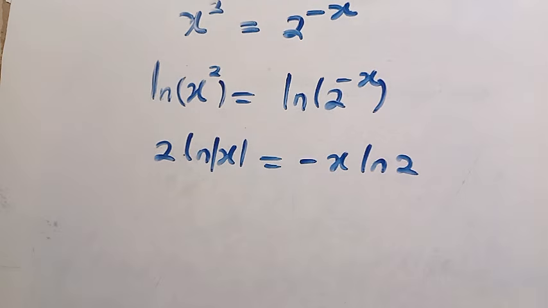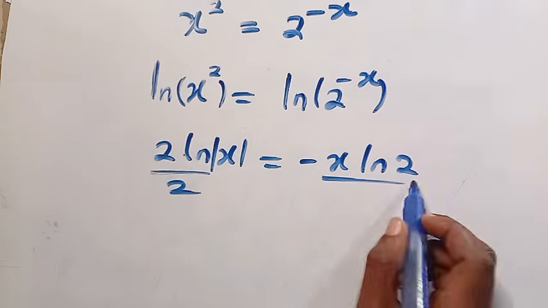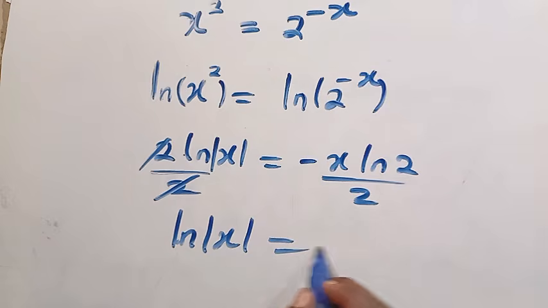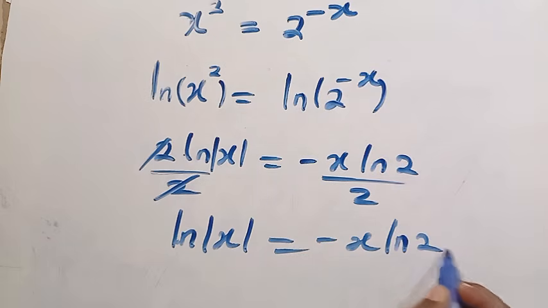If I divide both sides by 2 here, this cancels, and this gives us ln |x| equals minus x ln 2 divided by 2.